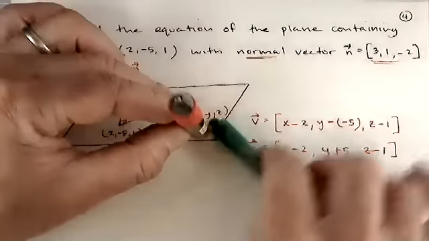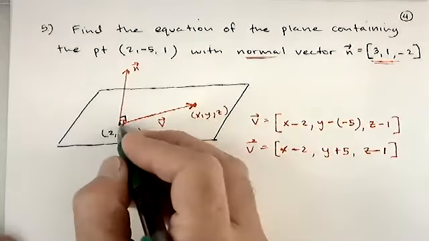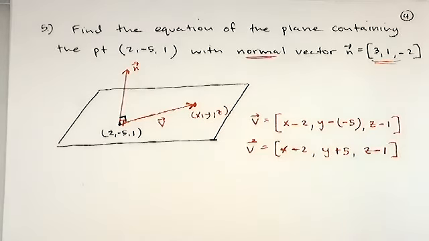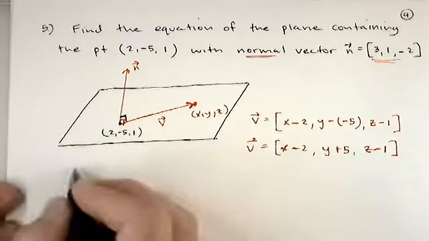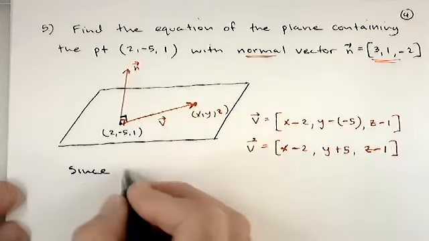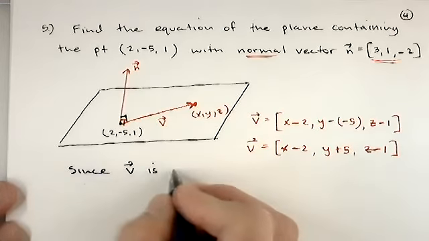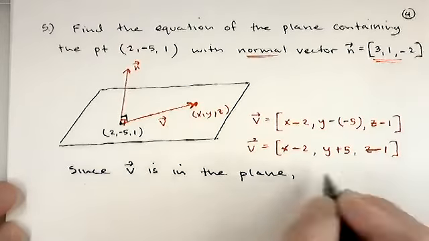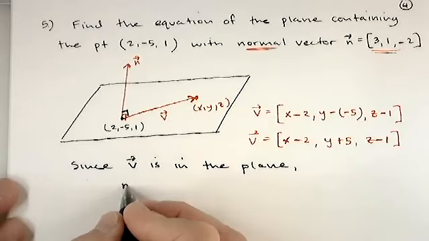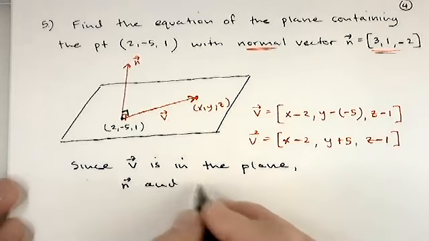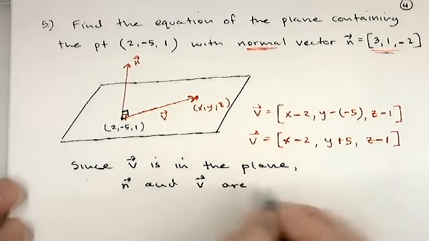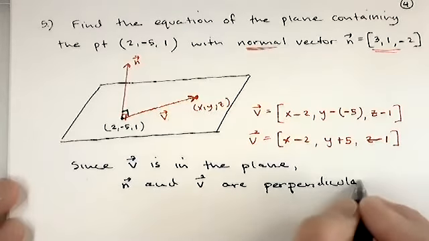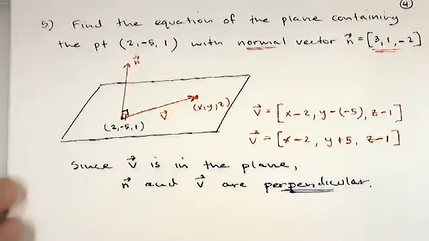Since V is lying in the plane, I know that N and V are perpendicular.